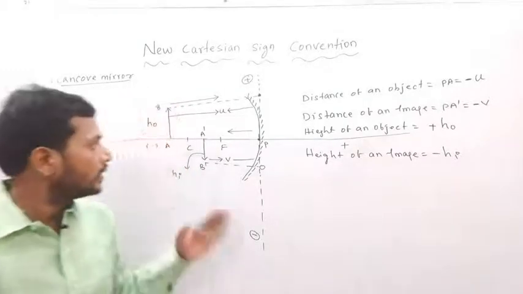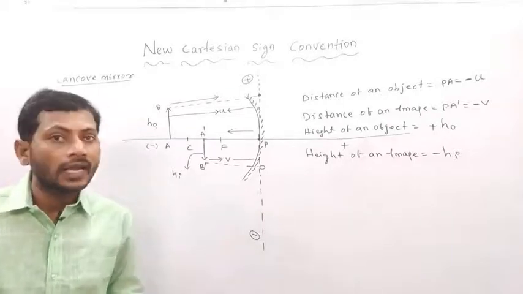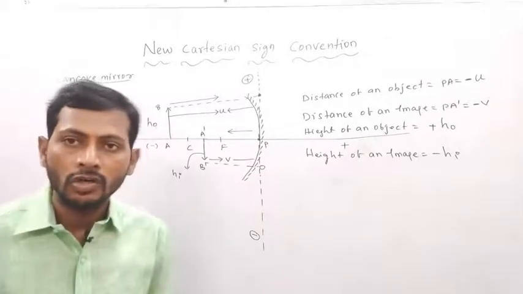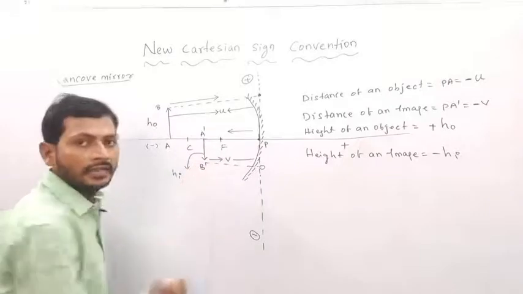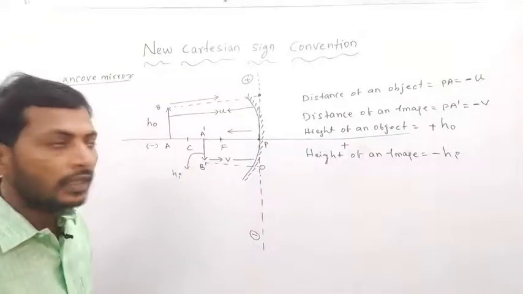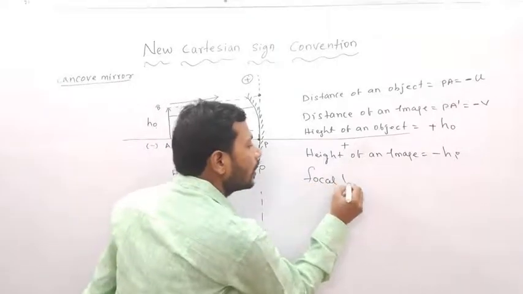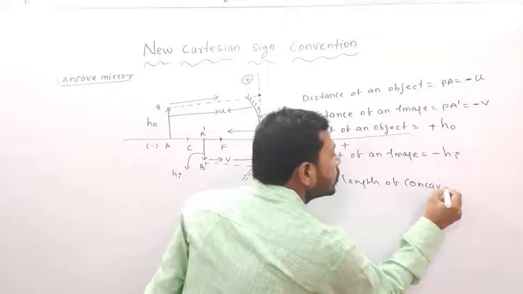Okay sir, this is for the concave mirror you told. How are we going to apply it for the convex mirror? Before that, I want to ask you one question. The distance from the pole to focus, already we discussed, is called focal length. Then focal length of concave mirror, positive or negative?